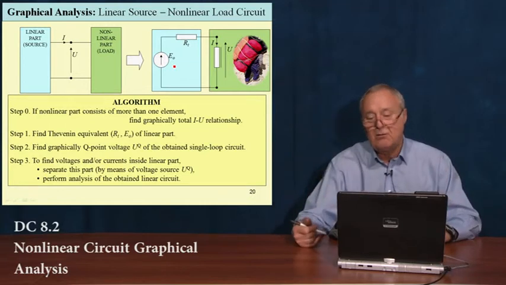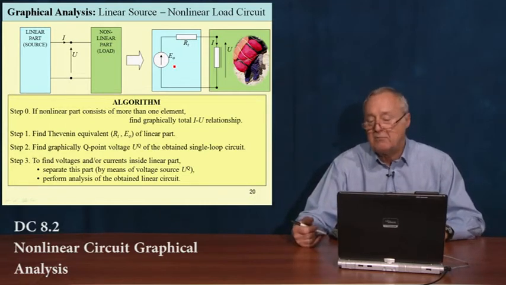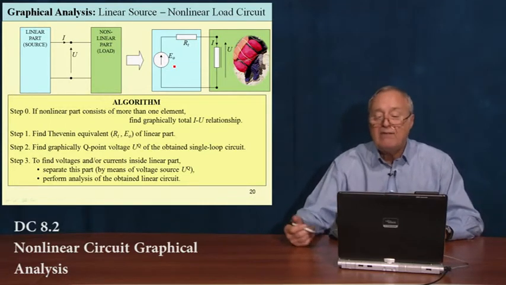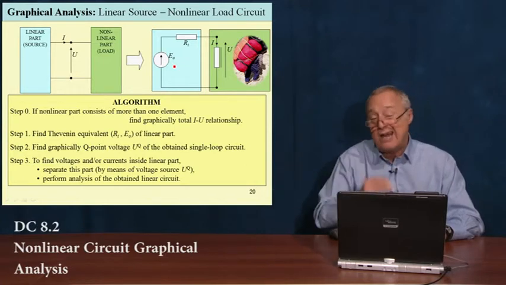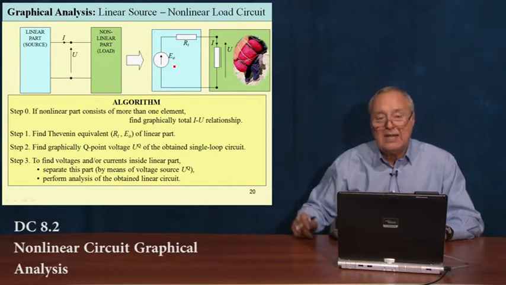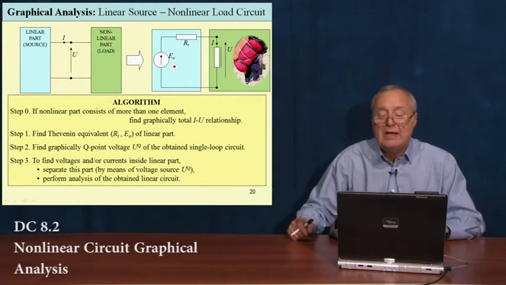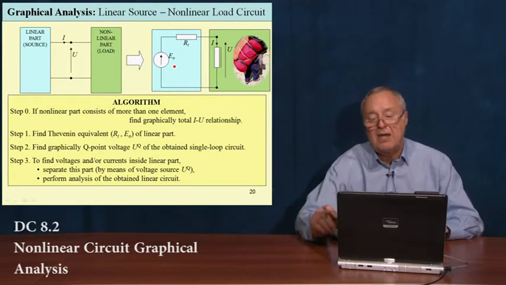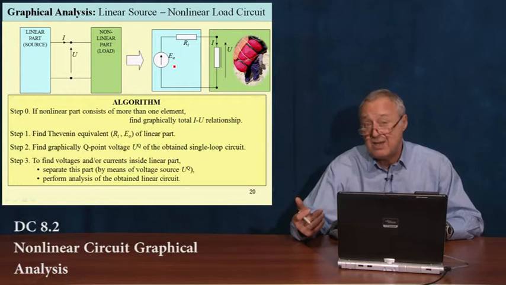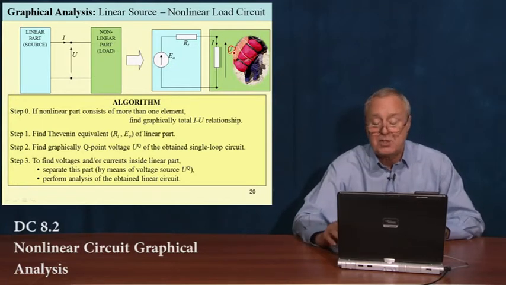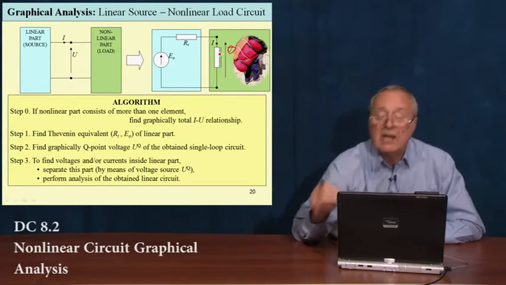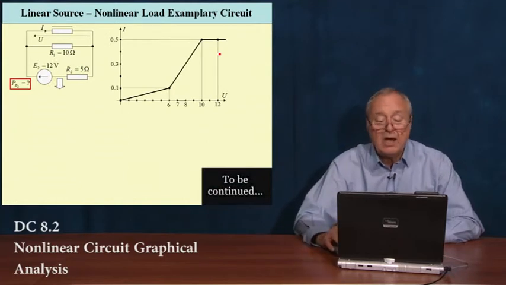We may solve this single loop circuit by the graphical method as described before, and then if we are interested in currents or voltages inside the linear part, we simply have to separate the nonlinear element by means of the separation principle, as we have already calculated the voltage. This voltage is the Q point voltage.